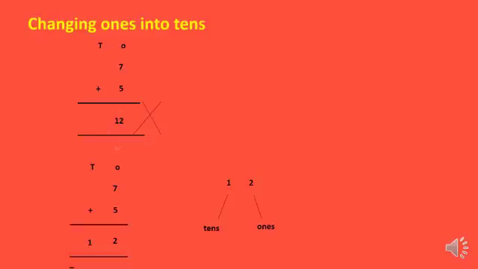This is not the correct way. It is not possible for two digits to stay in one place. So in 12, how many tens are there? 1 ten. How many ones? 2 ones. So we are writing 2 in the ones place and 1 in the tens place. Okay, children?